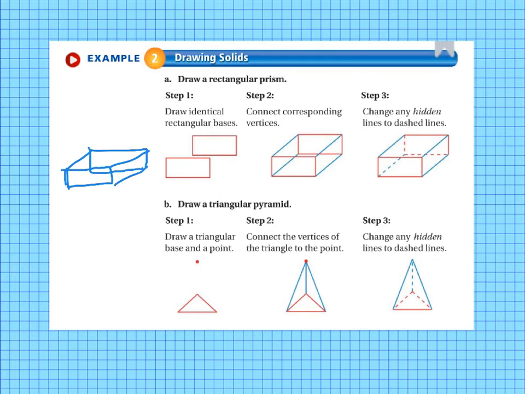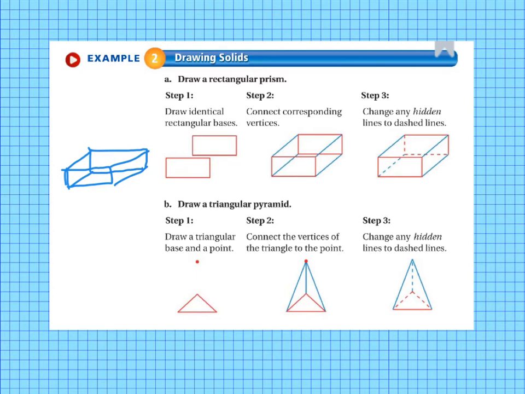And then when I am not working electronically, I do go back and change those to the ones that are hidden. So the ones that are in the background that if it were a real solid in real life, we wouldn't be able to see those lines. I change those to dashed lines.